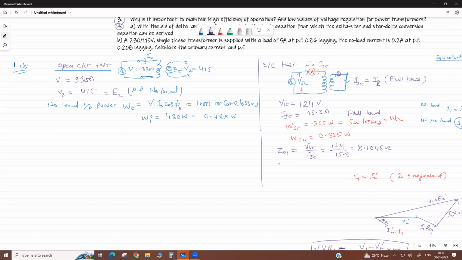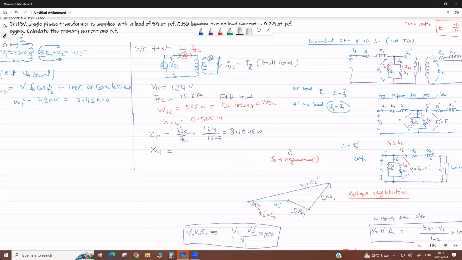Then we calculate X01. Before this, we calculate the copper losses also. Copper loss is given as the full load copper loss. So the total full load copper loss as referred to the primary side is the primary current squared into the total resistance as referred to the primary side.